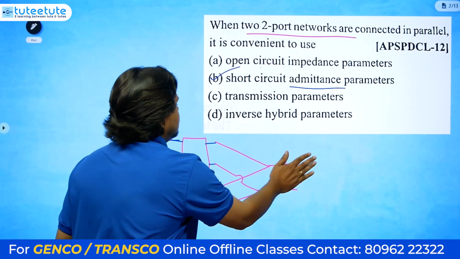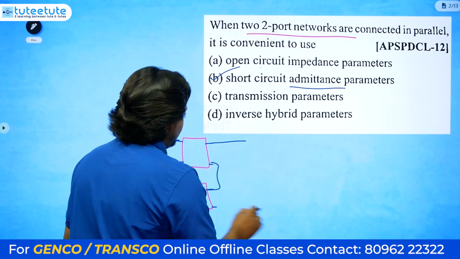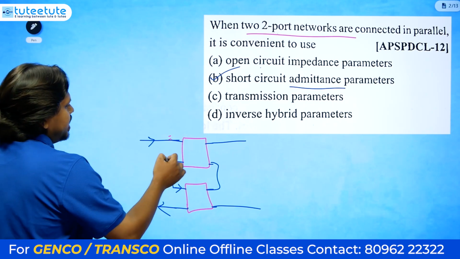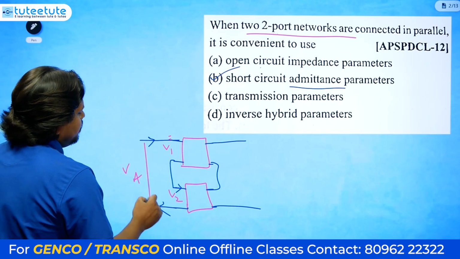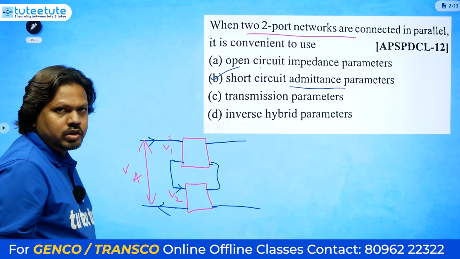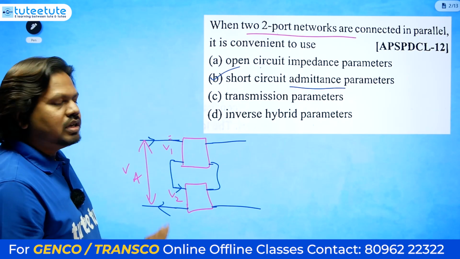Similar to this, the other side also, this is a series connection of two port networks. In series connection, voltages will be added. This is V1 voltage, this is V2 voltage, and this is the complete voltage from here to here. Now this is our complete two port network, connected in series.